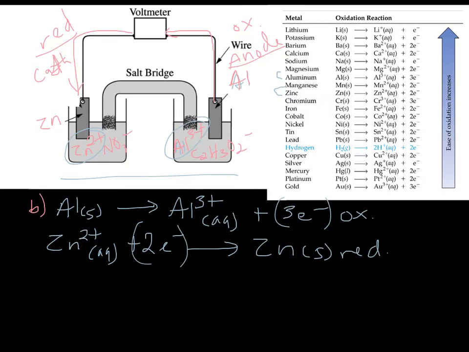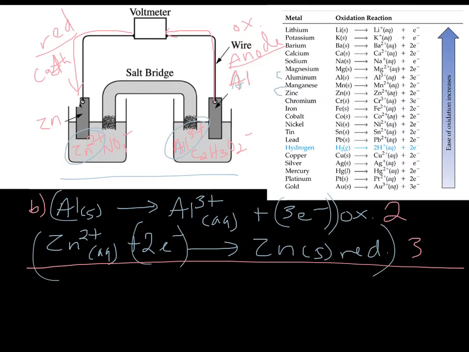To write the overall reaction, I find a common multiple between my number of electrons here, which is going to be 6. So I multiply this half reaction by 2 and this half reaction by 3, giving me a different total of electrons.